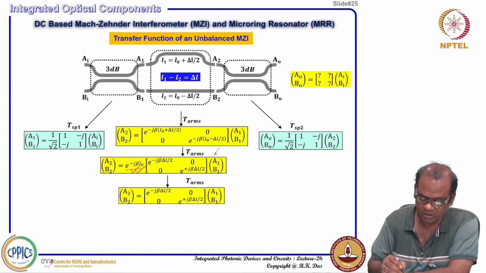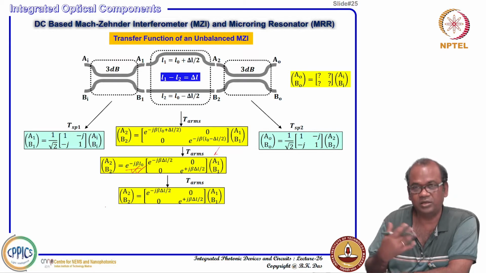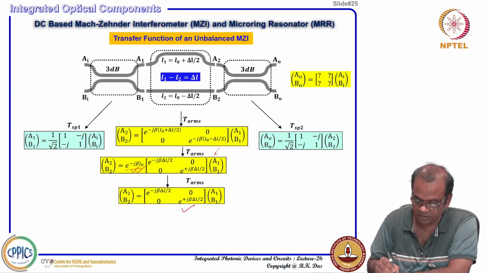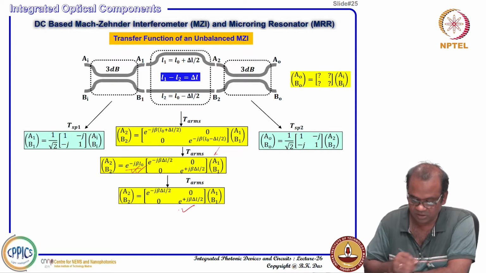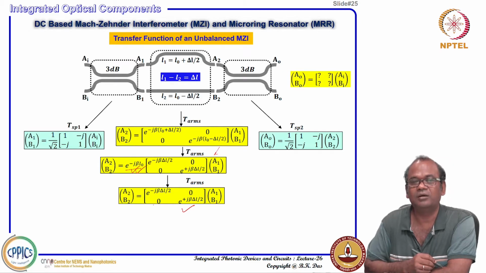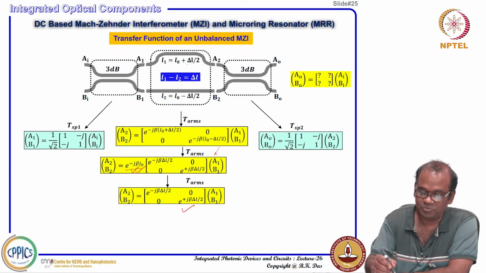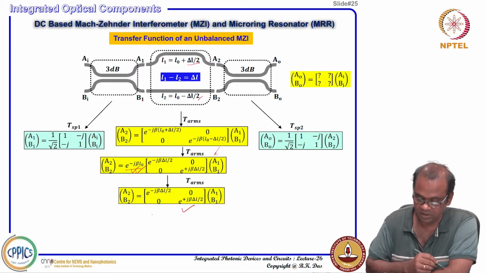This is a common factor, and I can drop any common factor in the matrix, because that will give you the same phase in both the arms. So, that phase factor I can drop. I can use this as the Mach-Zehnder interferometer unbalanced arms transfer matrix. Note that it is plus here and minus there, and accordingly you have written.